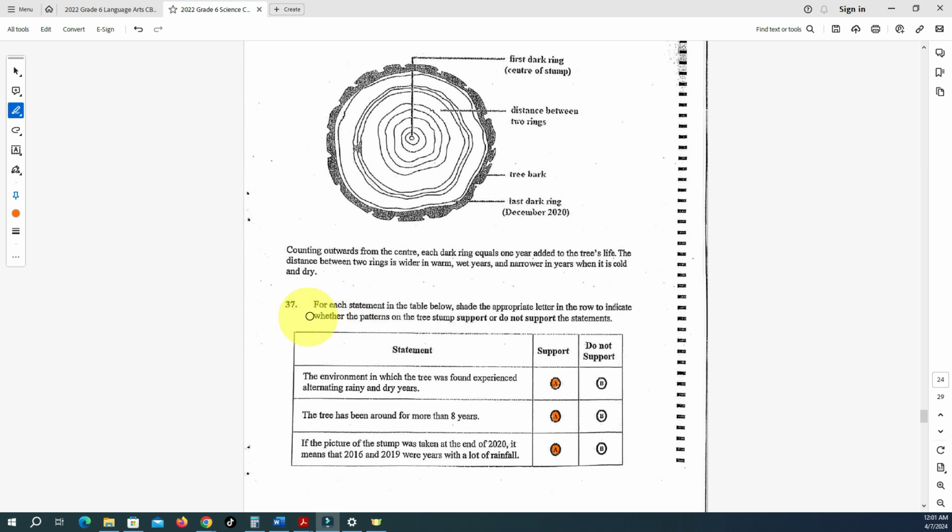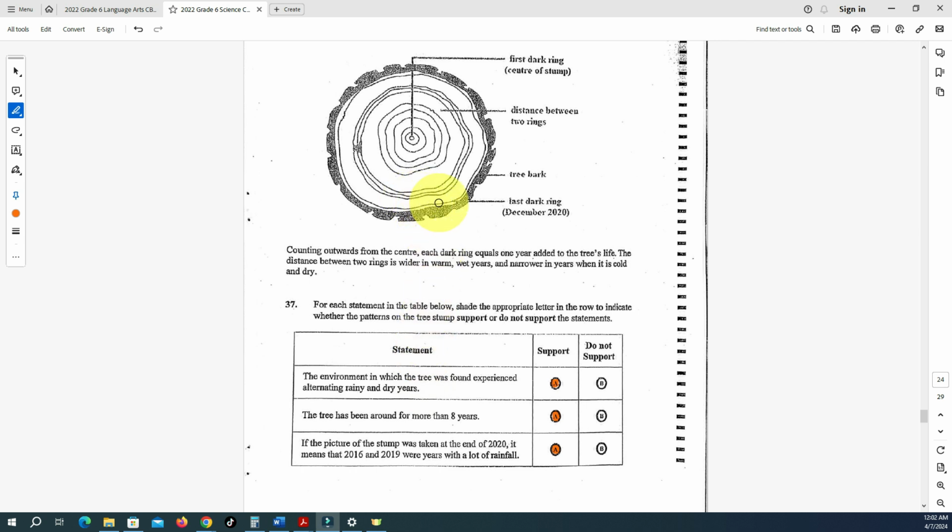Okay, so for each statement in the table below, shade the appropriate letter in the row to indicate whether the patterns on the stump support or do not support the statements. All right, so here are the statements, and I selected that they supported all the statements. So the first statement, the environment in which the tree was found experienced alternating rainy and dry years.